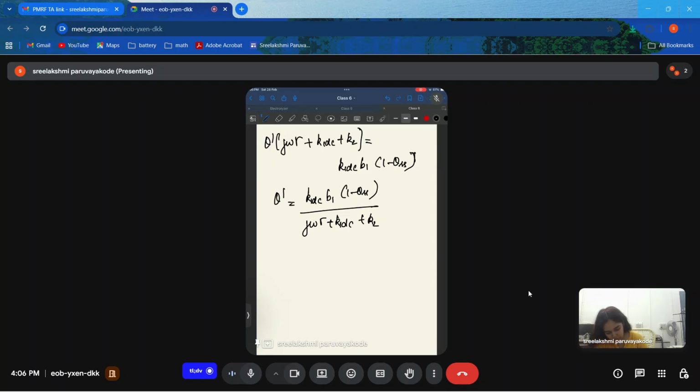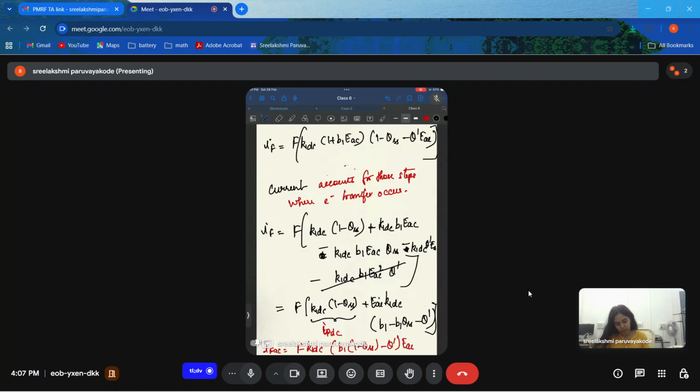Now when ω tends to infinity, you have dθ/dE tending to 0, and when ω tends to 0, dθ/dE tends to a real value, right? From this equation. Now this is the θ dash value which should go into this equation.